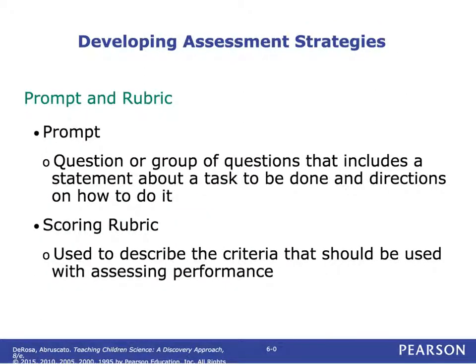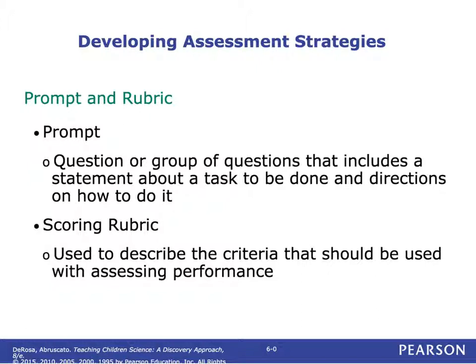Okay, so what are some of the assessment strategies that we can use, be they used for formative purposes or summative purposes? Either way, these are some of the strategies that we can use. The first one that your book talks about is the prompt and rubric.